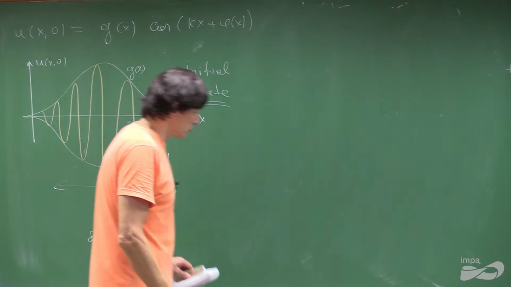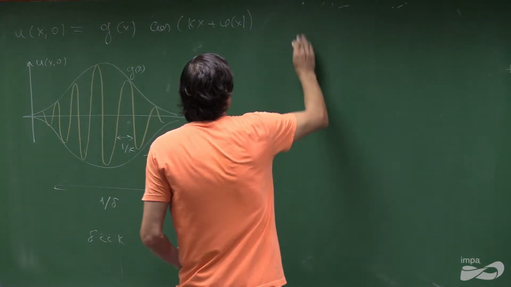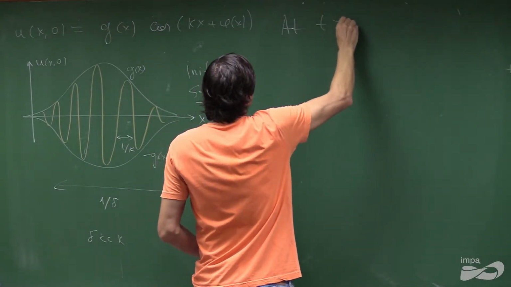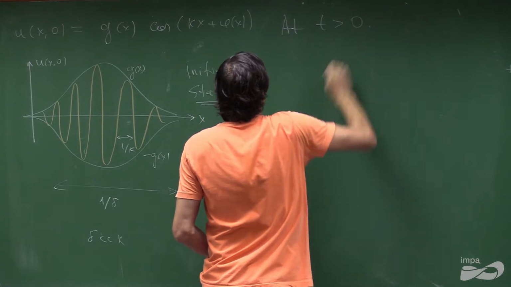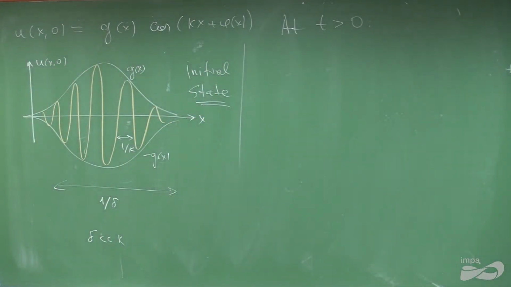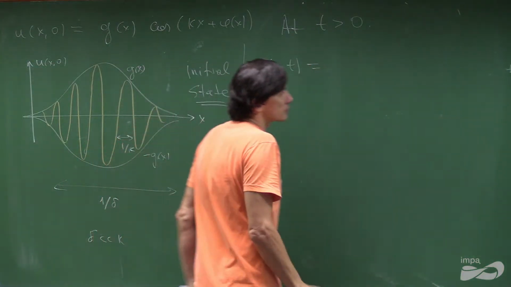So next we have to compute what happens at t positive. What happens at t positive is just the same story. So now we take u of x, t. It's this integral.